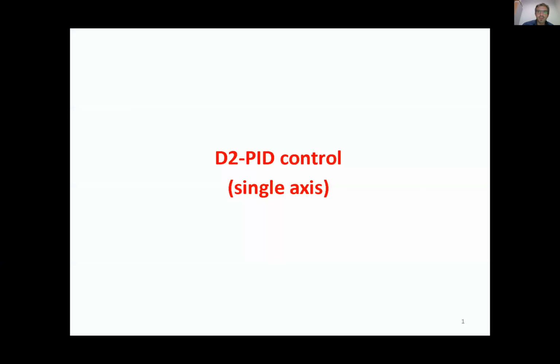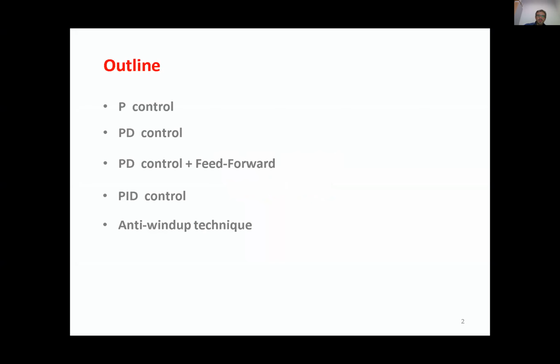These slides will talk about P control, proportional control, an improved version with proportional derivative control, what happens whenever you add some feed-forward action, and the PID control with the integral action as well, and some anti-windup techniques that are important whenever you have an integral action and you have some saturation in your actuators.